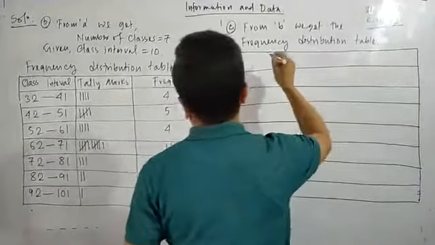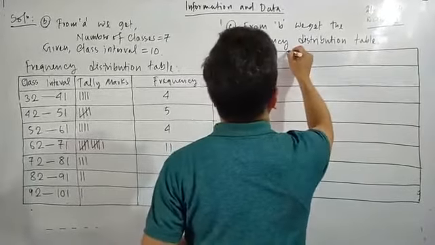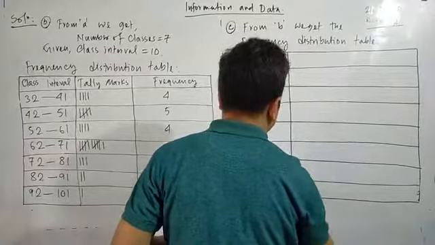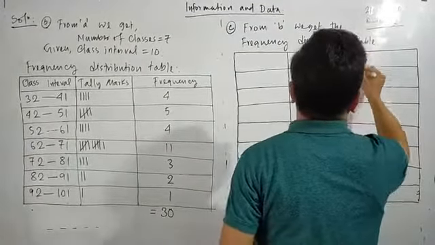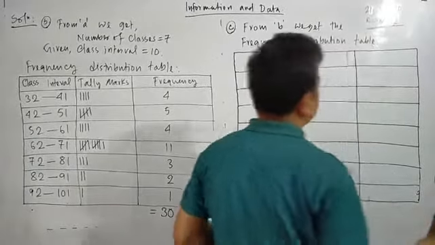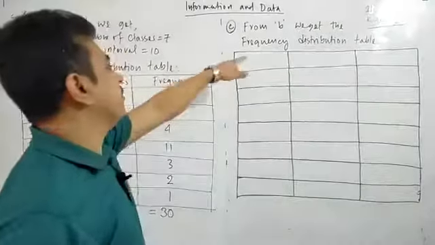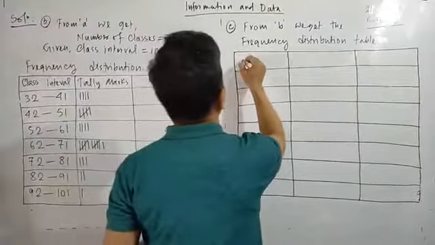The first column is class interval, and we have to keep it exactly the same. The second is continuous class interval, and the third is frequency.